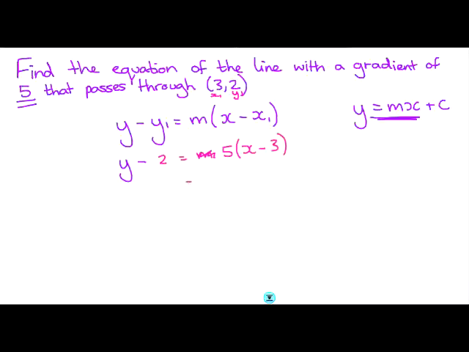So if we expand this bracket now, we have 5x minus 15, and we have y minus 2, then it should just fall into place. You add 2 to both sides, and voila! That is the equation of the line with a gradient of 5 that passes through that. And you can do your double check like before. 5 3's are 15, take away 13 is 2. So it definitely works.